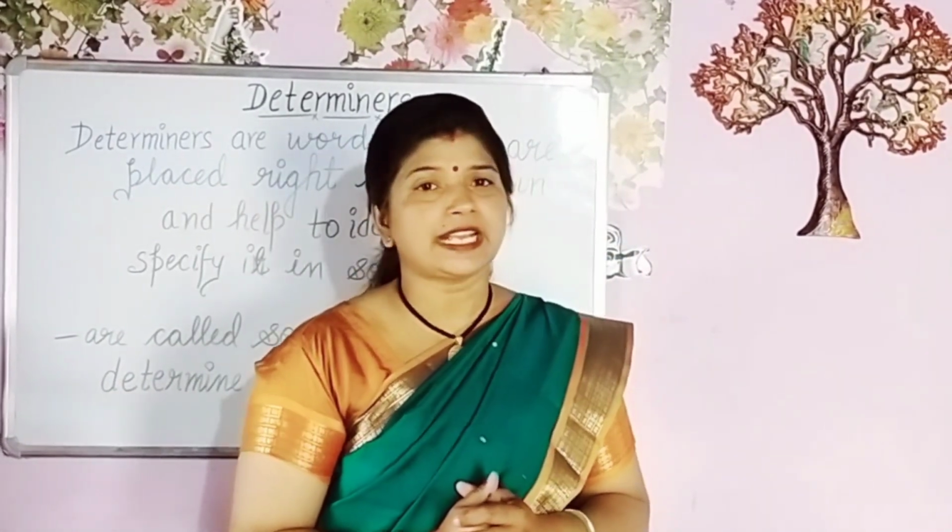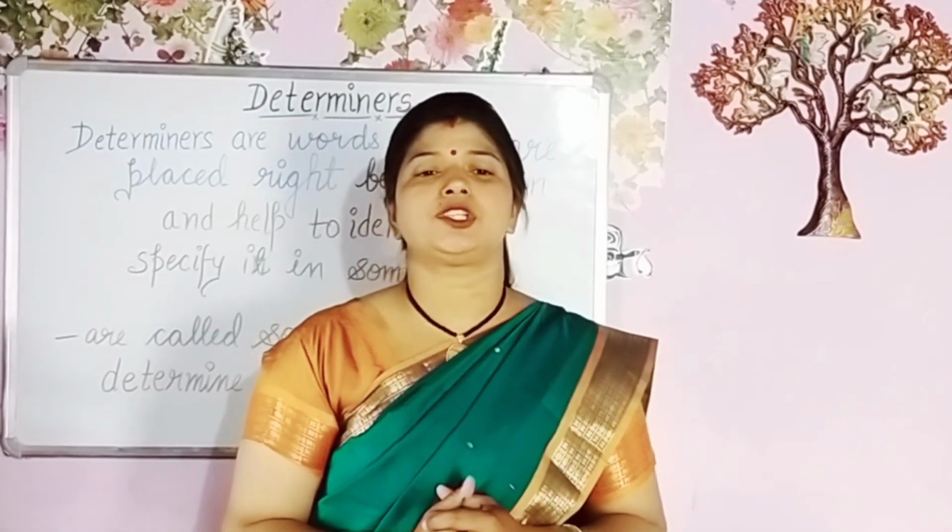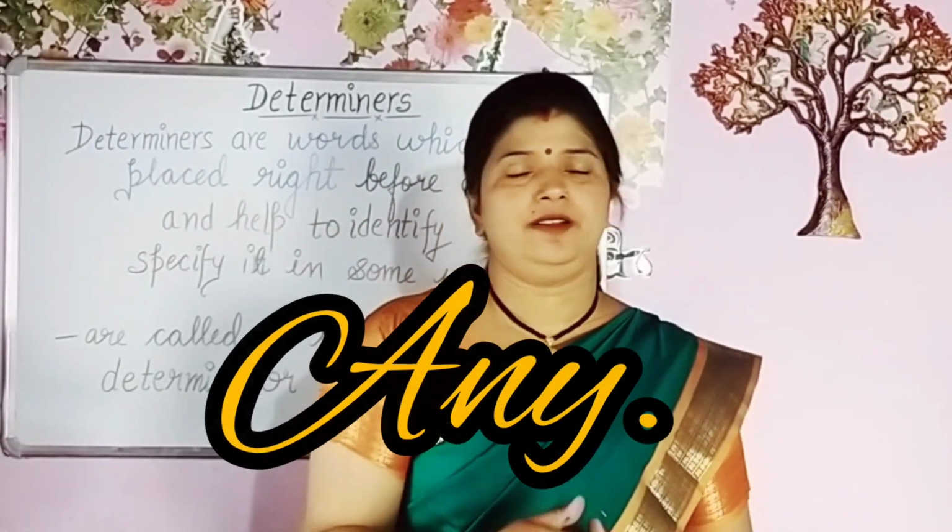Okay. Now the second determiner which we will talk about is any. A-N-Y, any. So my dear students, it is used with countable and uncountable nouns in negative and interrogative sentences. Some was used with a positive statement, but here the word any is used with both countable and uncountable nouns, but it is always used with the negative.